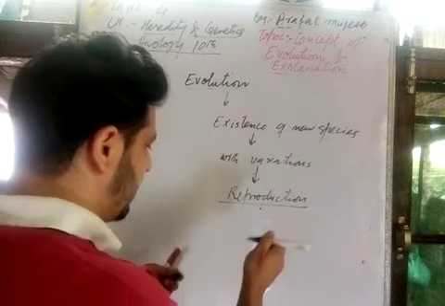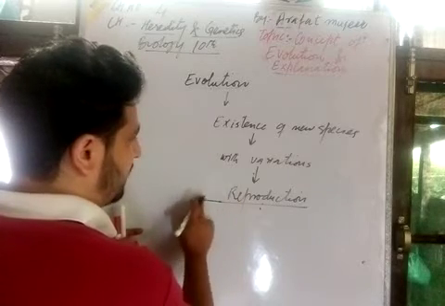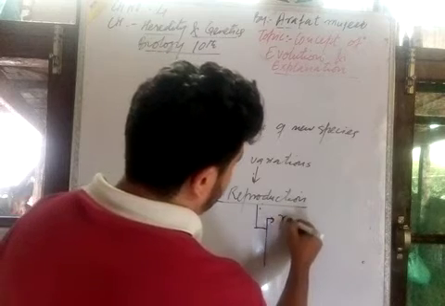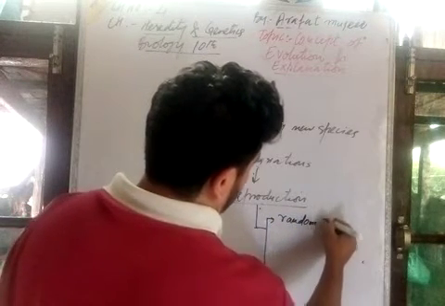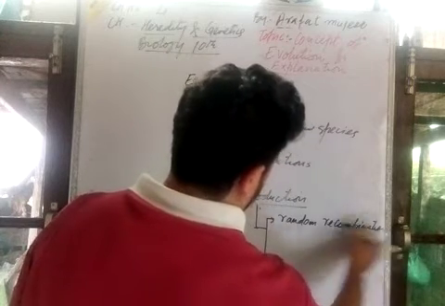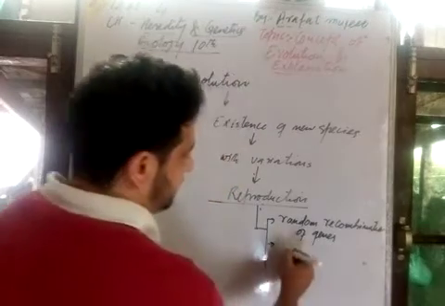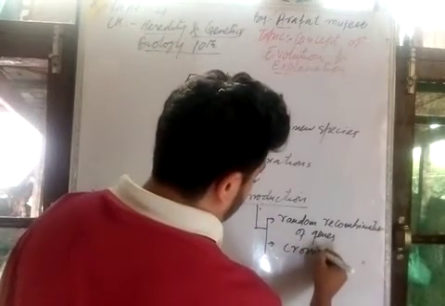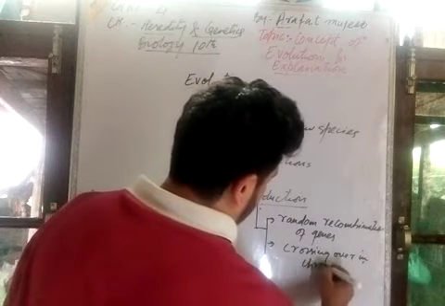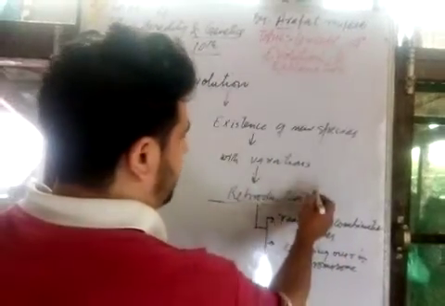Reproduction में क्या होता है, you know that in reproduction there is random recombination of genes. Yes, you know that there is crossing over in chromosomes.